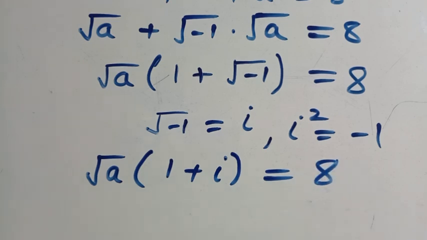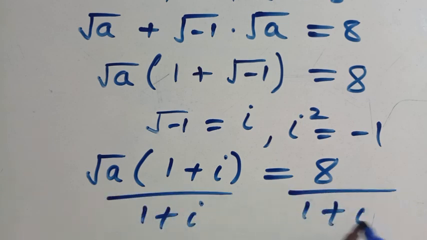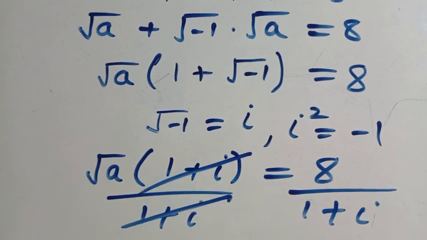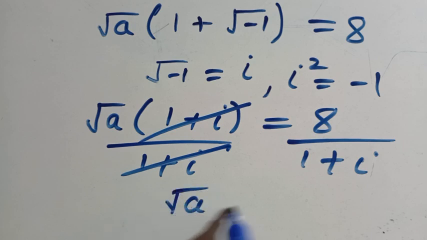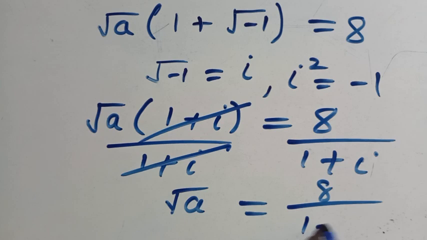And let's divide both sides by 1 plus i. So by dividing both sides by 1 plus i, we have 1 plus i cancelled here. Then we have the square root of a equals 8 divided by 1 plus i.